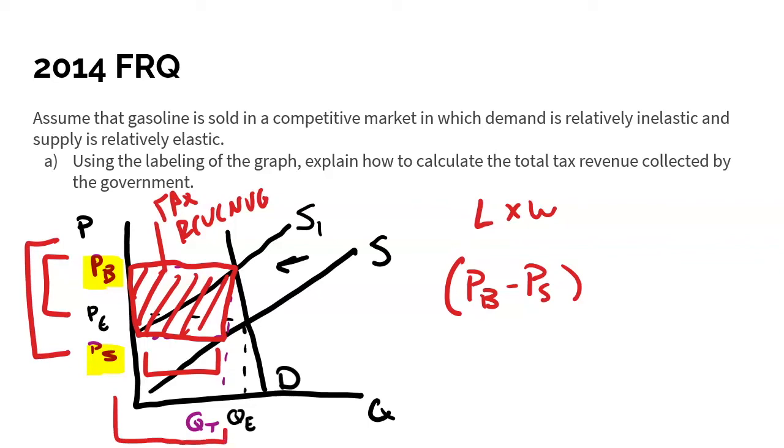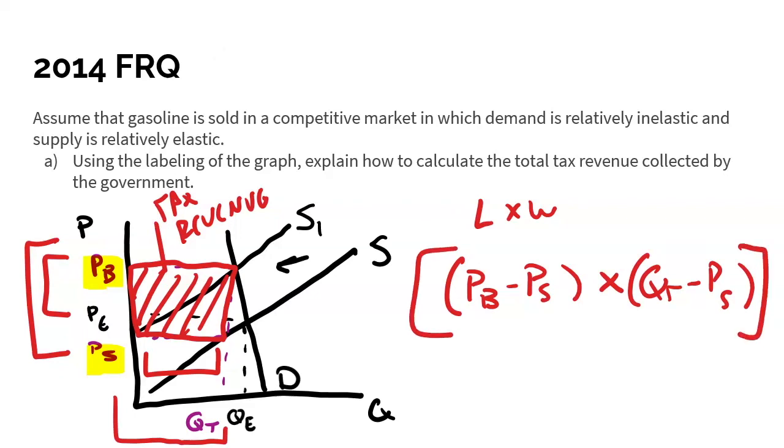And then I did times QT minus PS. Sorry, I ran out of room there. Let's rewrite that to make it a little bit simpler. Then I did times QT minus PS to get to the base here. And that right there would get you the point. Of course, there are other ways you can manipulate the equation to also get the point, but for me, this was the easiest way.